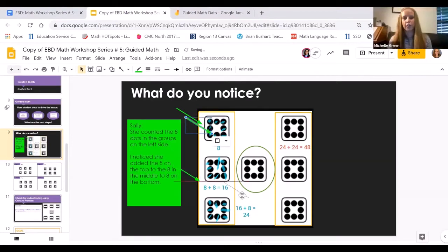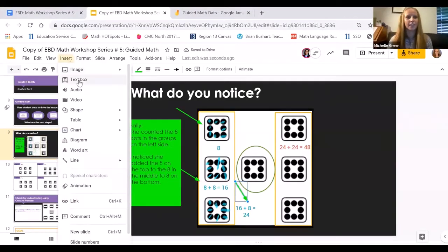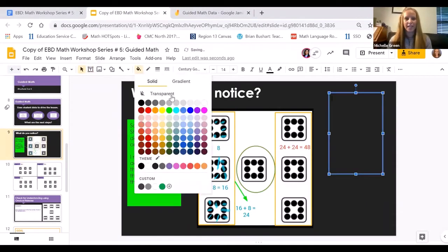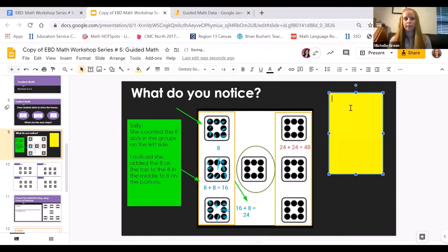Oh, so you saw the progression, how she progressed through each one of those layers. Very nice. Okay, let's go with Troy. Troy, tell me, what do you notice about what Stacy did in her solution?